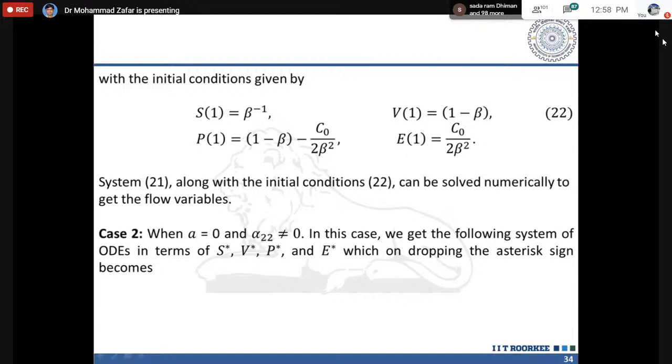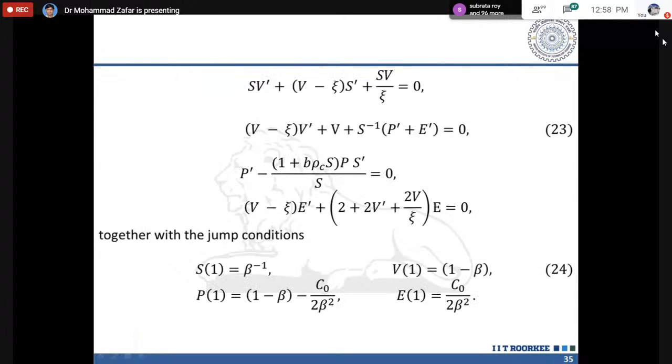Let us consider case 2 also, when A is 0, alpha 2 not equal to 0. In this case, the same type of calculations were there, so I have just written the result here in terms of ODEs. So in the next slide, following the same procedure in case 2, we obtain this system of ODEs, together with the jump conditions.